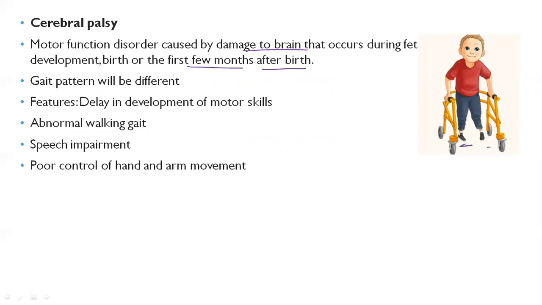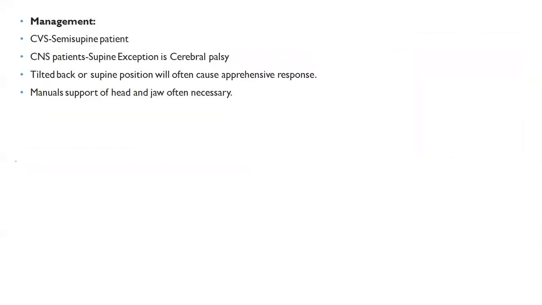You can notice that this child's legs are not in their original position. His gait is different, his speech is abnormal, and there are coordination problems, so they cannot control their hand and arm movements.